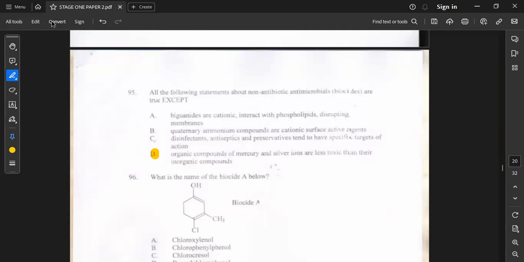Antimicrobial preservatives include parabens like methyl paraben, butyl paraben, and ethyl paraben, acids and salts like benzoic acid, quaternary ammonium compounds like benzalkonium chloride, ones which have mercury like phenylmercuric acetate, ones that have alcohol like benzyl alcohol, phenolic ones like 4-chloro-3-methylphenol, and biguanides like chlorhexidine. That's pretty much the summary of it.